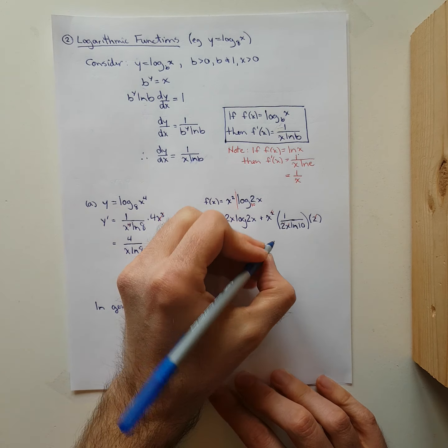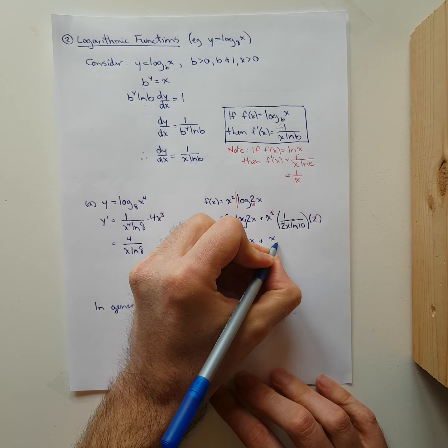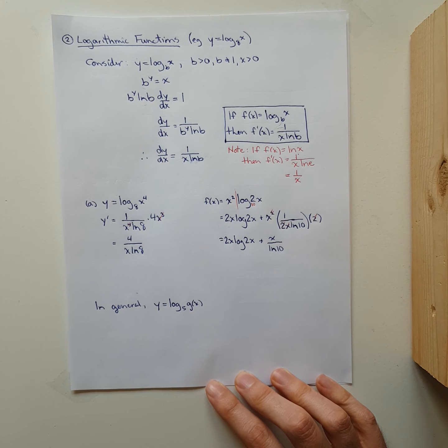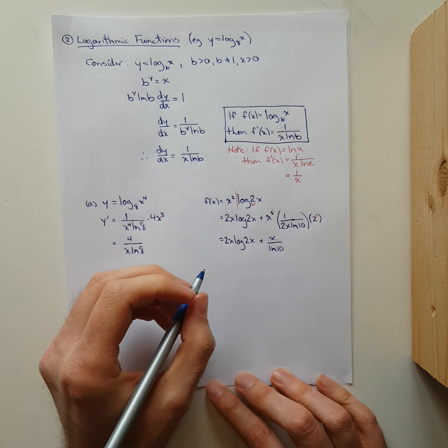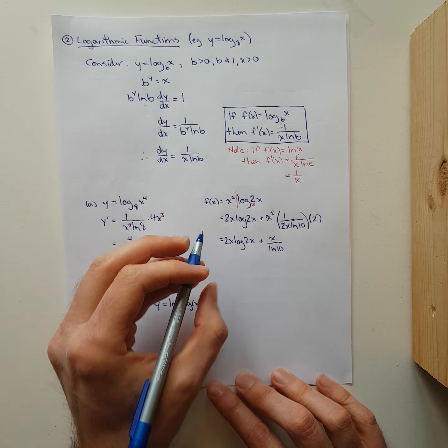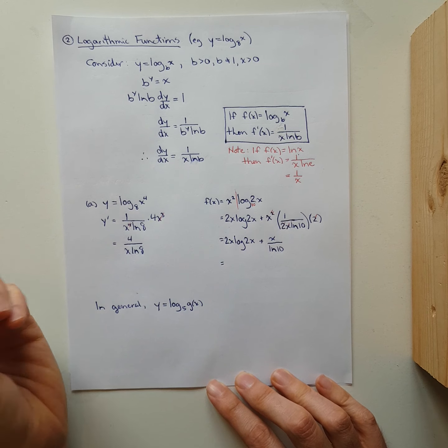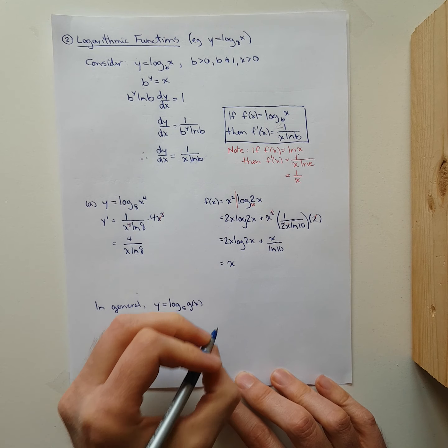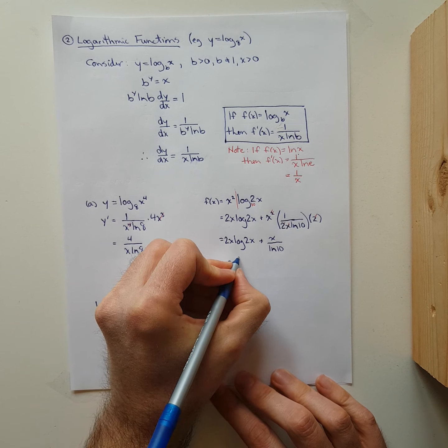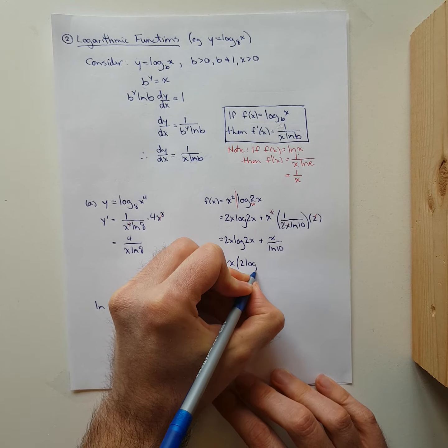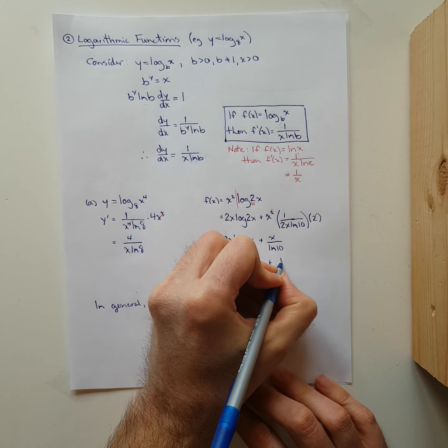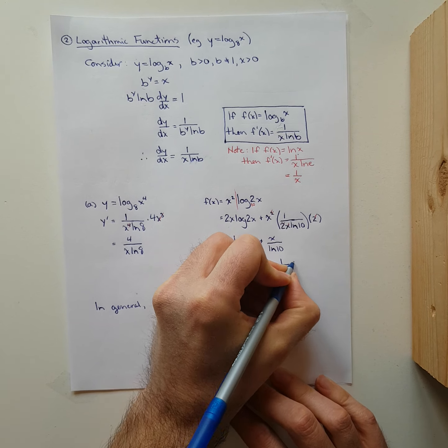So in the end, the second part, we end up with x over ln 10. And then when we have product rule, we often look for common factors. I don't know if this would necessarily be considered a whole lot more simplified, but if we want, we could common factor an x out here, and then that would leave us with 2 log 2x plus 1 over ln 10.